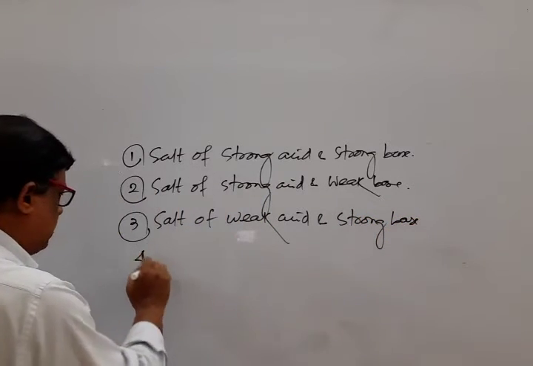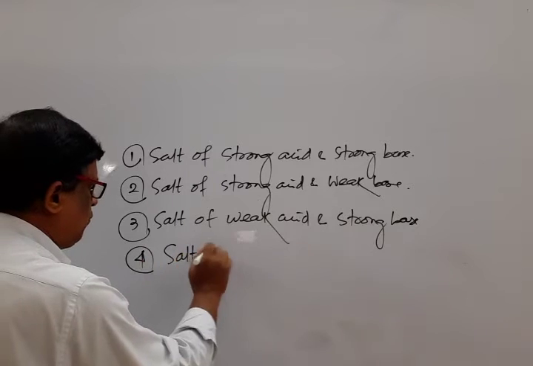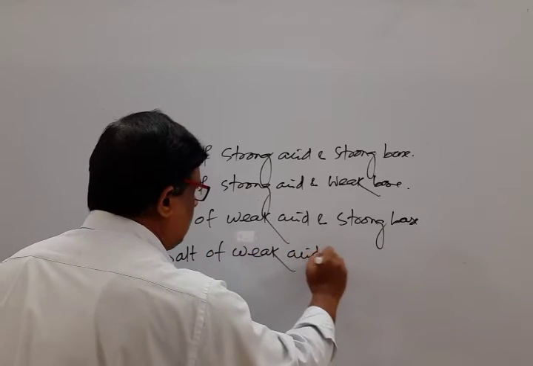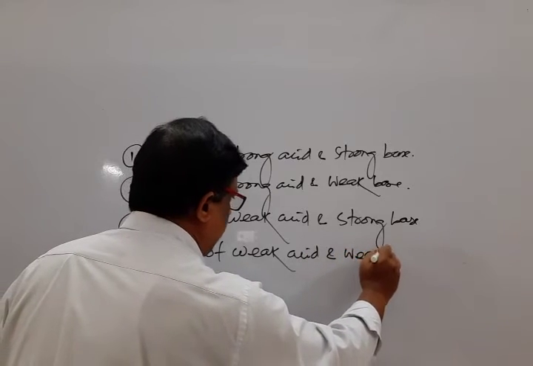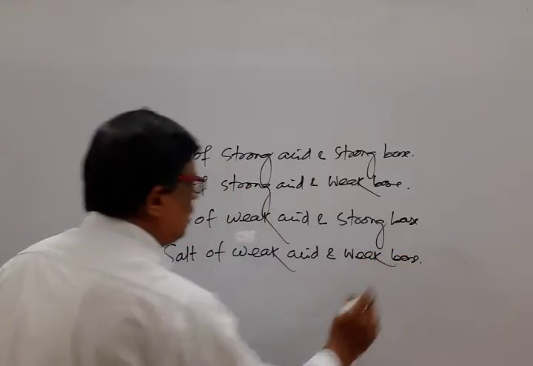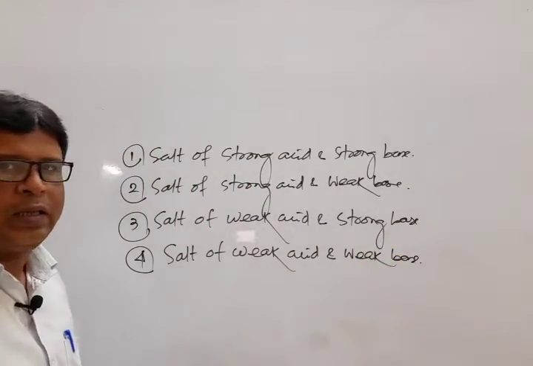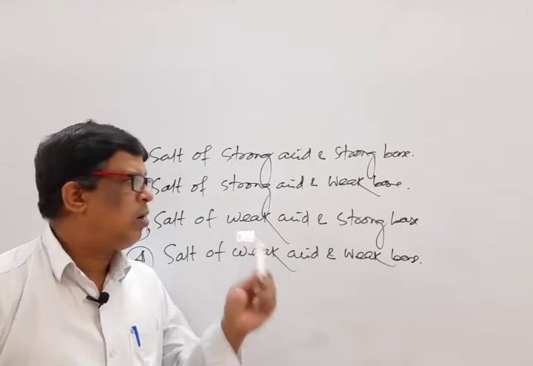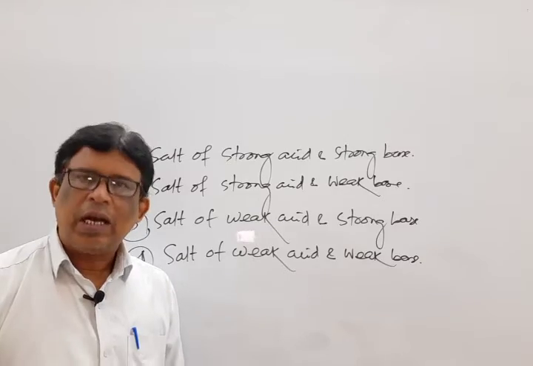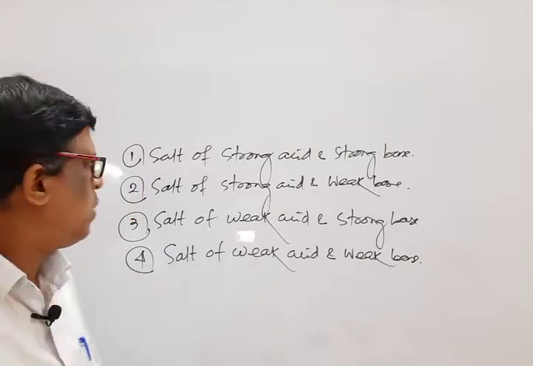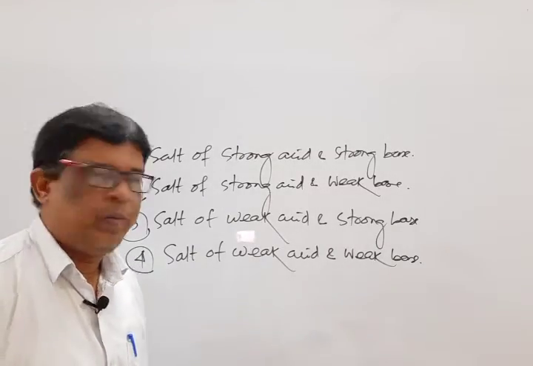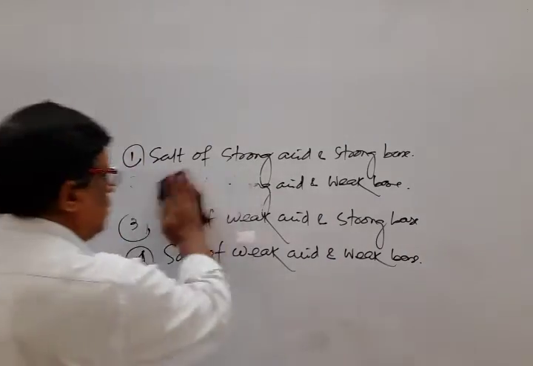And the last one is salt of weak acid and weak base. There are different ways to prepare this type of salt. That's why hydrolysis of salt is also 4 types. Let us discuss one by one. First one is salt of strong acid and strong base. Mark that.